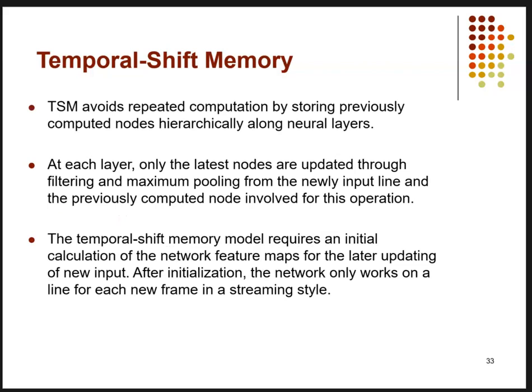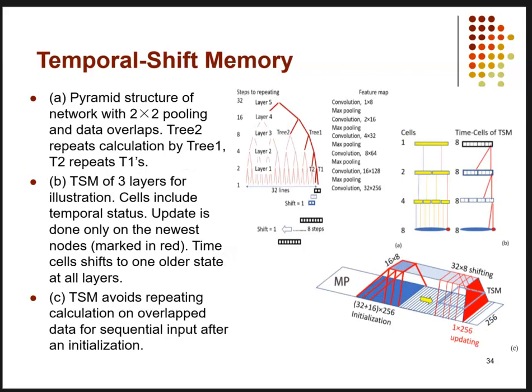The TSM avoids repeated computation by storing previously computed nodes hierarchically. At each layer, only the latest nodes are updated through the filtering and maximum pooling. Here is an example of the TSM illustrated for 3 layers.